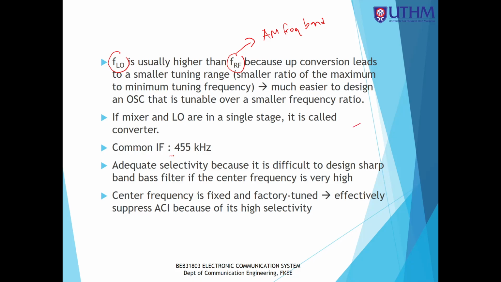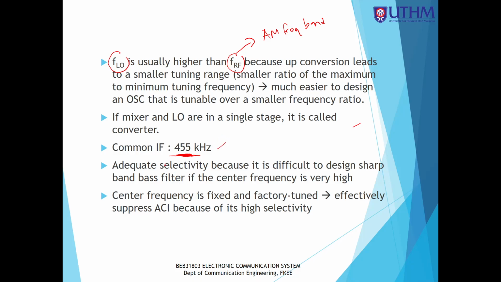So this is the center of the intermediate frequency that we are going to produce. By standard, the center of the intermediate frequency is 455 kilohertz. Why is the value 455 chosen?